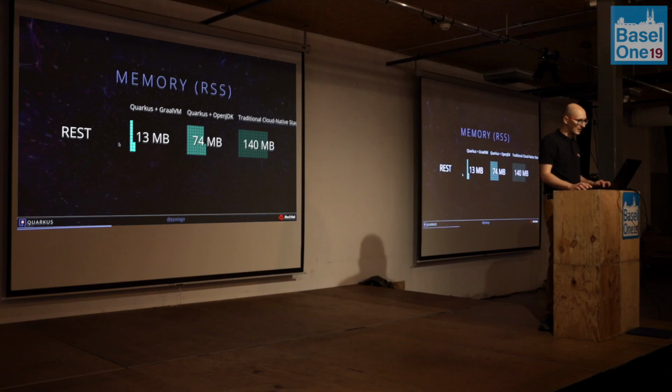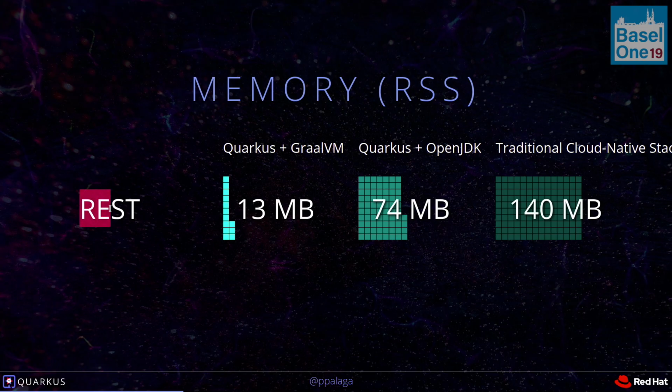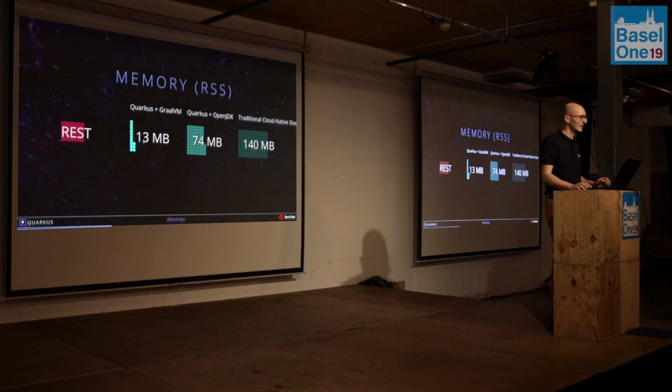So this is the rough comparison for a simple application that contains just a single REST endpoint like the one I have shown you in the demo. So with Quarkus on GraalVM, we are somewhere under 20 MB.